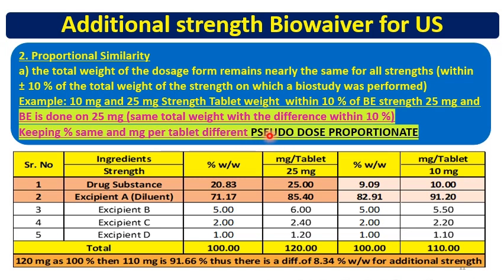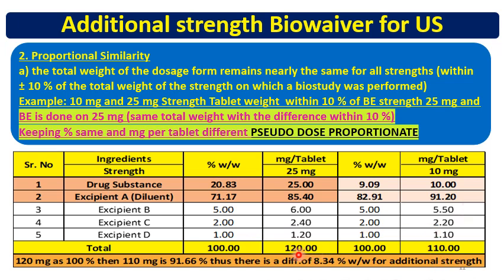This type of formula is also called as pseudo-weight proportionate. In this example, the percentage is same for all the excipients and mg per tablet is different. Like excipient B, C and D, the percentage for both strengths is similar: 5%, 5%, 2%, 2%, 1%, 1%.